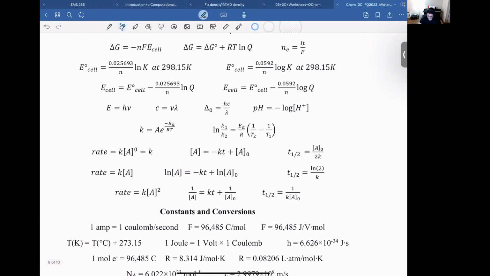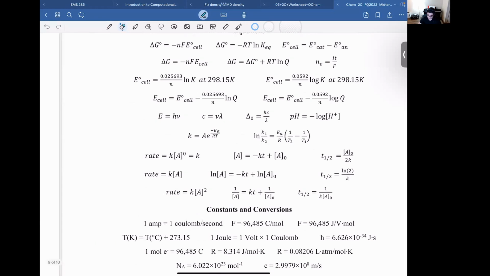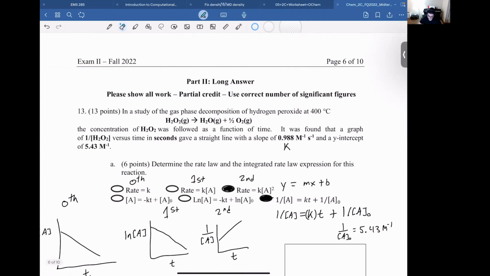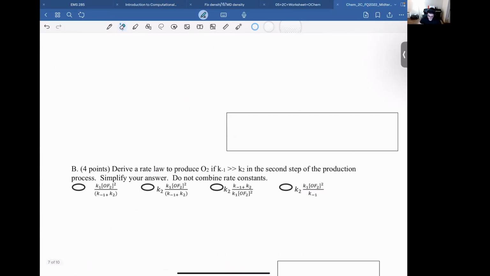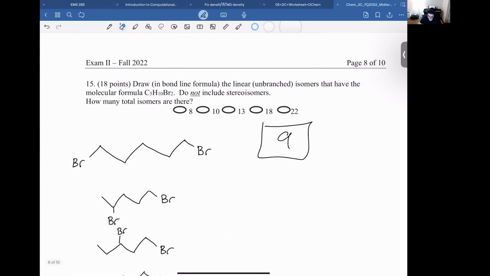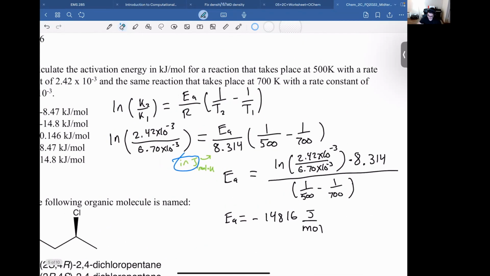Let's see. Did I drop T2 minus T1? Oh, so then I swapped something here. K2 goes first. That's weird. I could have sworn I saw it written differently on a different answer key. So this is actually swapped.